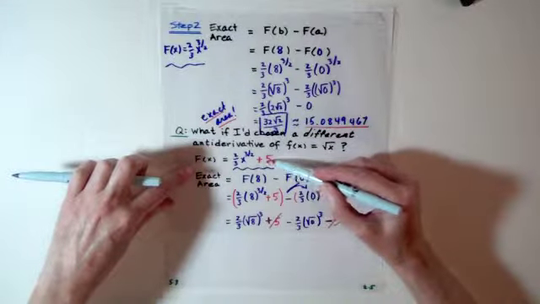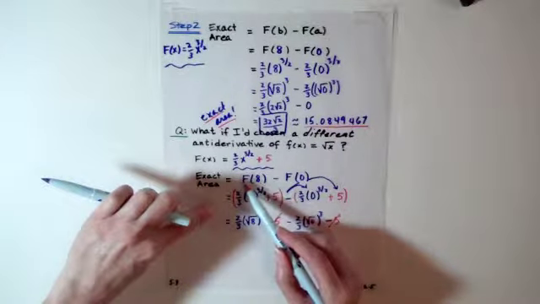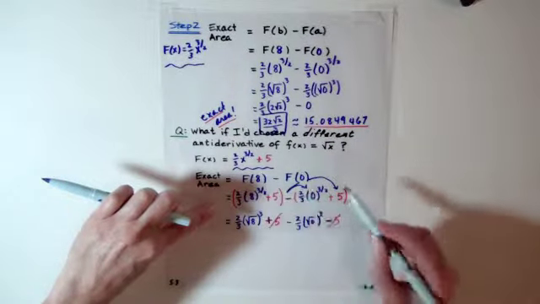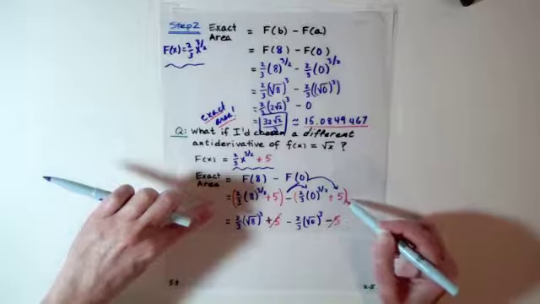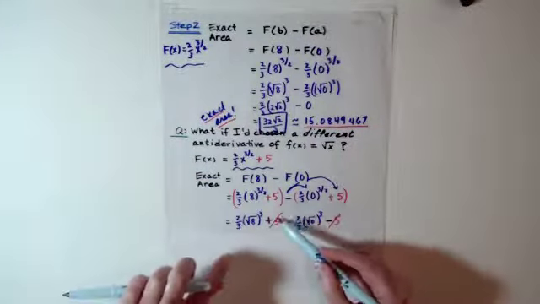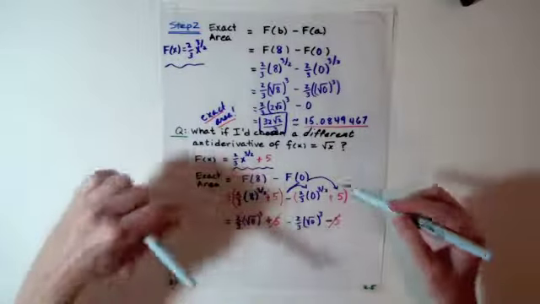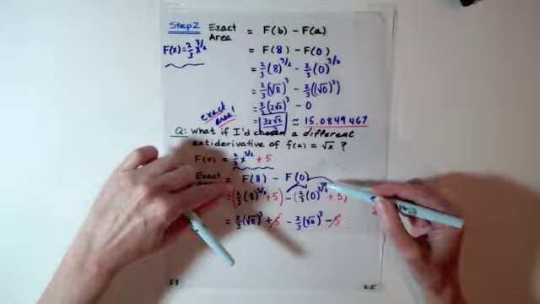In general, whatever c value I choose here, I'm going to be adding it when I figure out capital F evaluated at my b value, and I'll be subtracting that same c value when I do capital F evaluated at my a value. So I think you can see that whatever c value we choose, it's going to drop out anyways when I do my F of b minus my F of a.